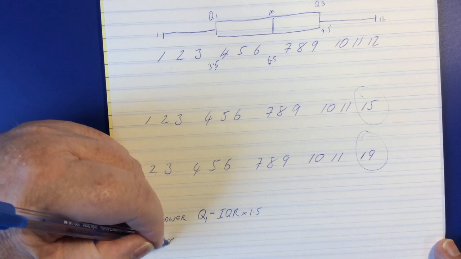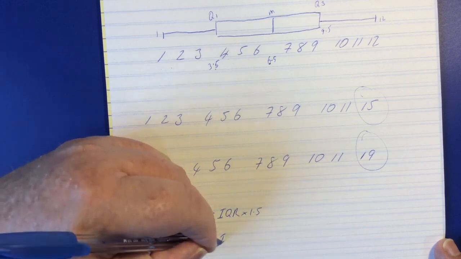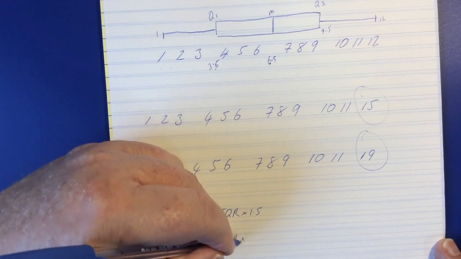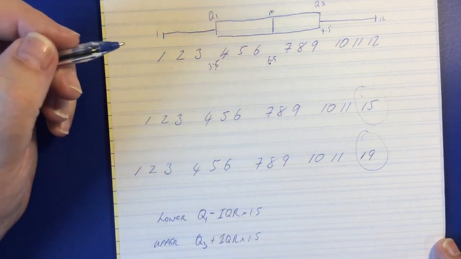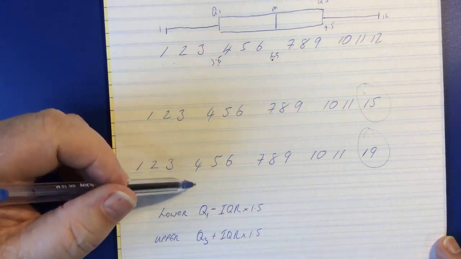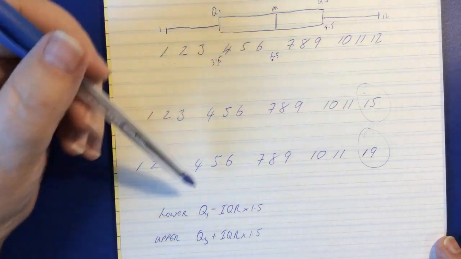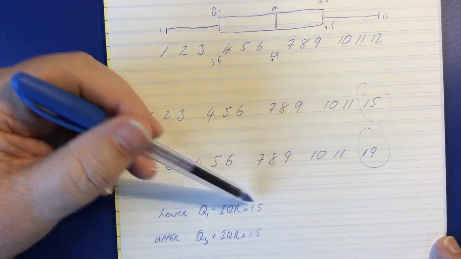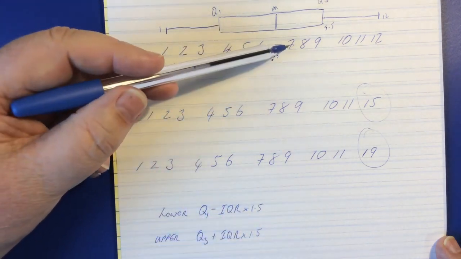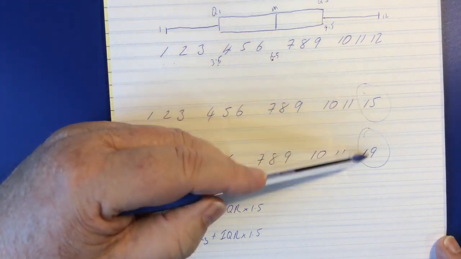The upper fence is Q3 plus the interquartile range times 1.5. Okay. So we've got common values for all of the constituent parts of this calculation in each of these sets of data. And the only thing that changes is these two numbers.